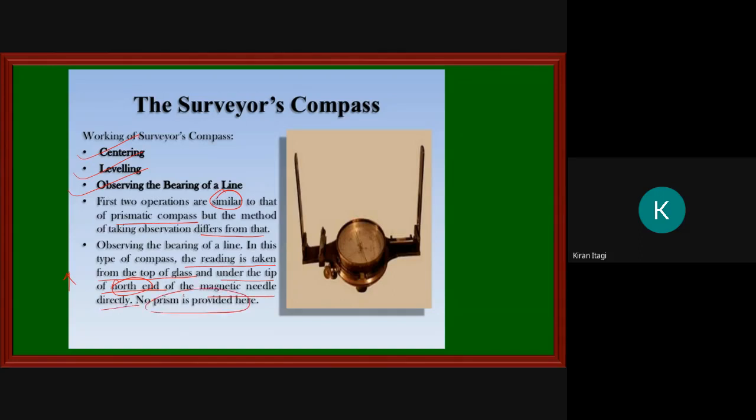No prism is provided here. Means in the prismatic compass, what we were doing, it will be pointing towards somewhere, and this is our line of sight. So we were taking this reading.